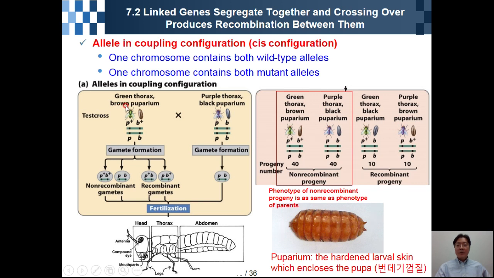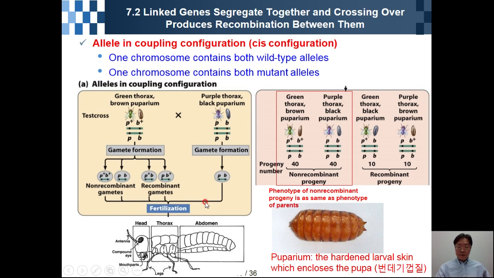So they are heterozygous because one chromosome has both wild type alleles, and the other chromosome has both mutant alleles. So during gamete formation, the non-recombinant gametes have P plus B plus, and P B. The other ones will be the recombinant gametes, which have P plus B and P B plus.